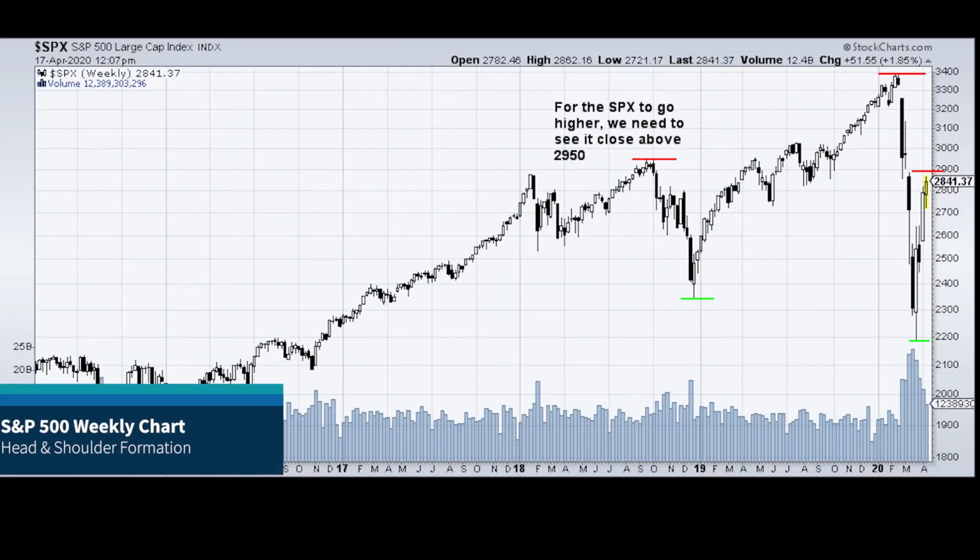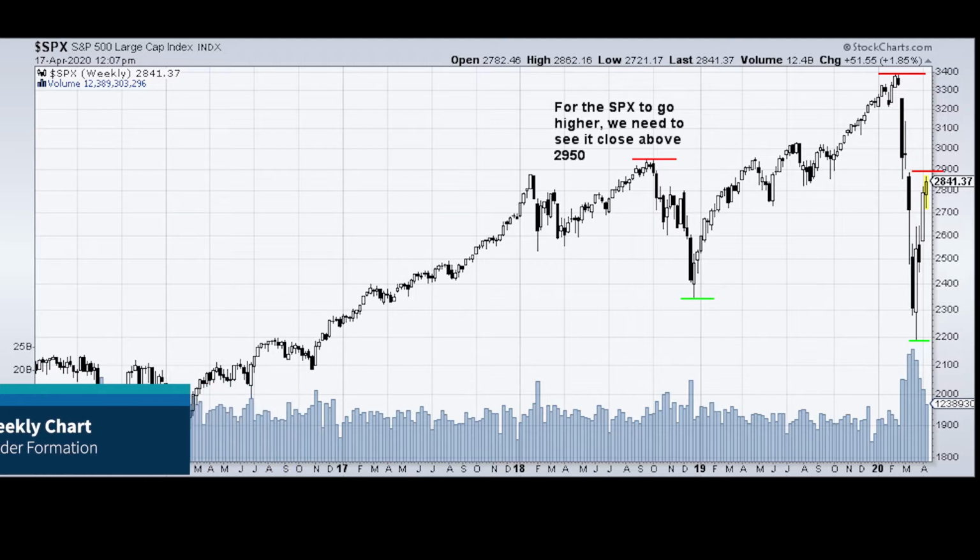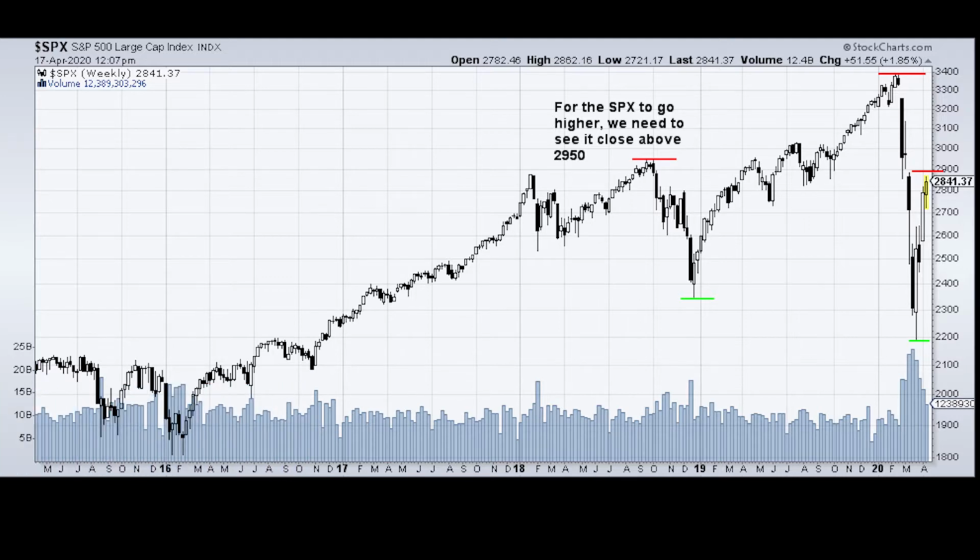So in this first chart, this is a chart of the S&P 500 on a weekly basis going all the way back to May of 2016. And what I want to point out is the November of 2018 to January of 2019 move in the S&P 500.